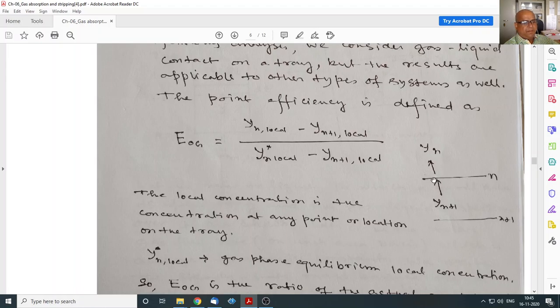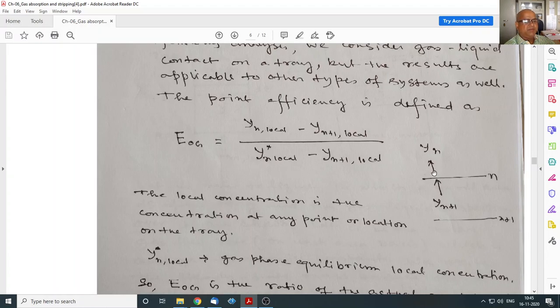For a particular point in a tray, that is the local efficiency, the point efficiency: the composition of yn going out minus the composition coming in, divided by what it would be if it were in equilibrium with the xn coming in, yn star minus yn. So this will be your point efficiency.